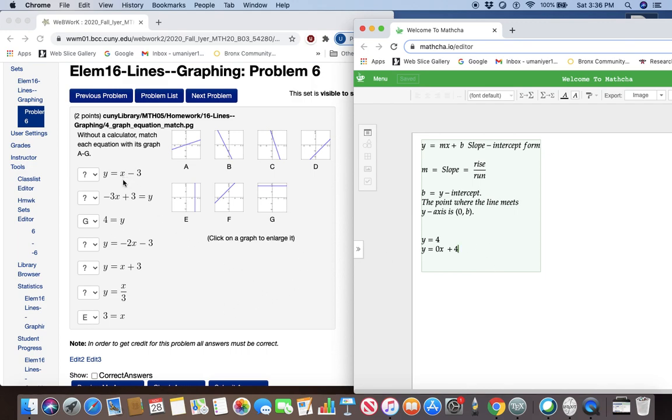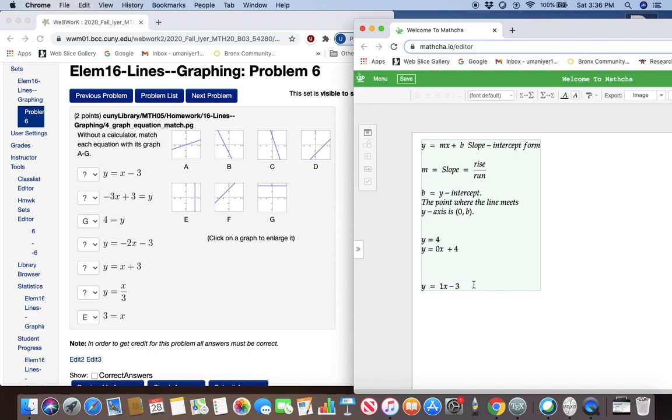Now let's look at this. y equals x minus 3. x has coefficient 1. That is, y is 1x minus 3. So let me write this equation down. y equals 1x minus 3.